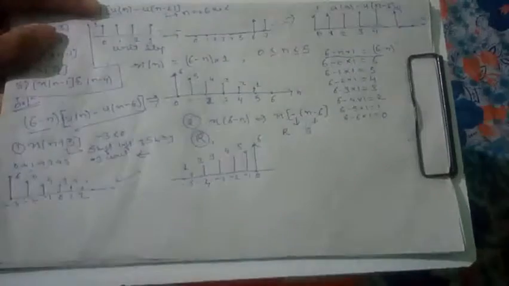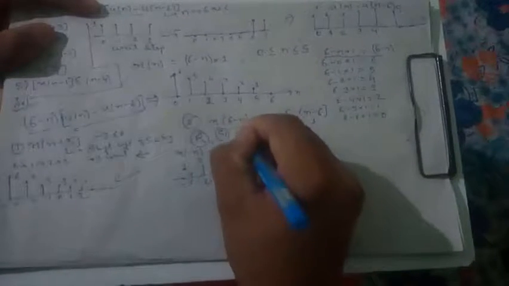This is the reversal of the signal, nothing but x of minus n. Now we'll do the shifting. The first step is reversal, the time reversal, and the second step is shifting.